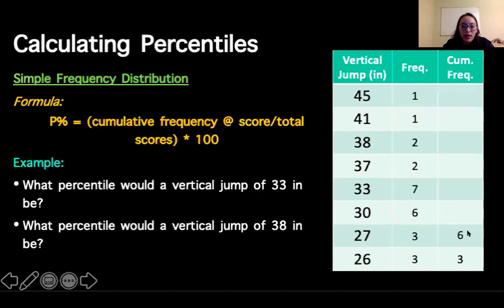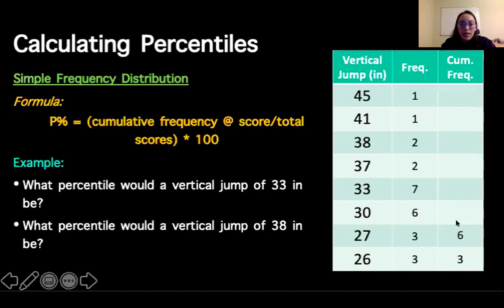So basically what we're saying is that 6 people out of however many we've collected were able to jump 27 inches or lower, or they were able to jump at least 27 inches if you want to reframe it.